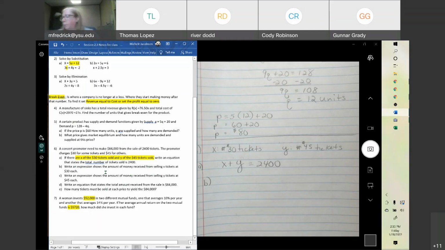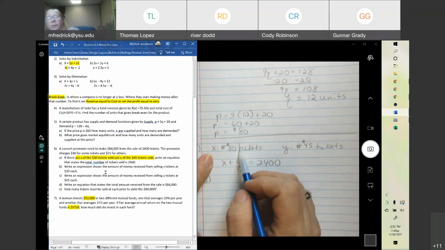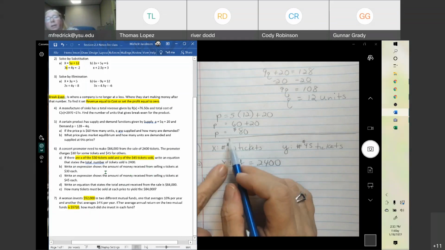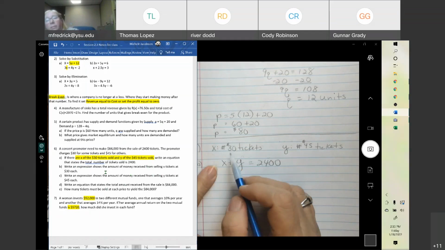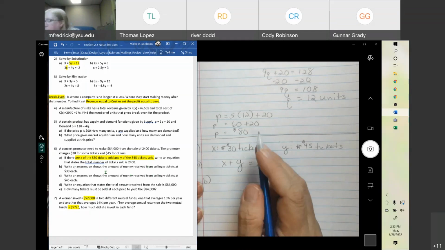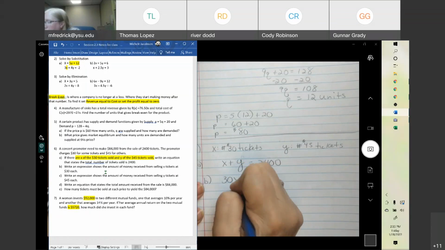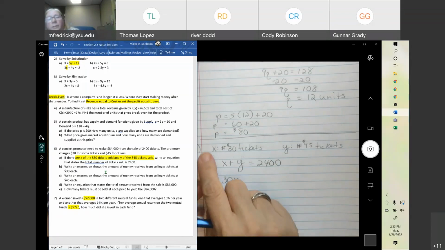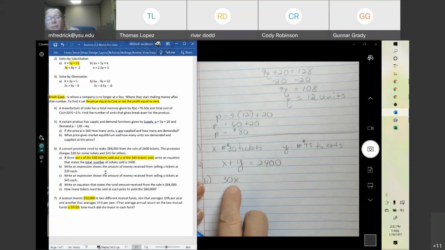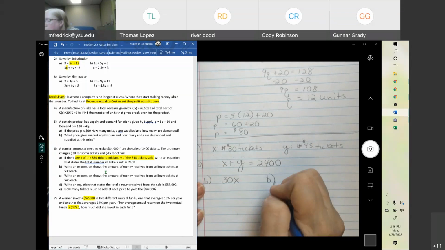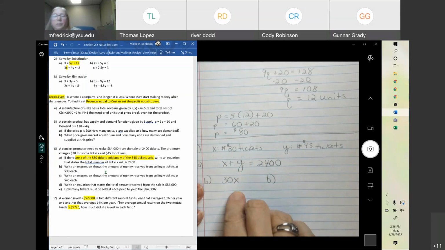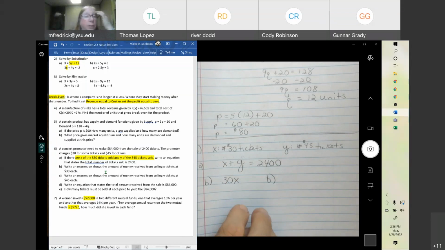Well, if we have X tickets and they're $30 each, if we want to know how much revenue it's bringing in, we'd multiply that together. 30X. Because if we sell 10 of these tickets, 10 times 30, $300. And that's an expression. An expression does not have an equal sign.